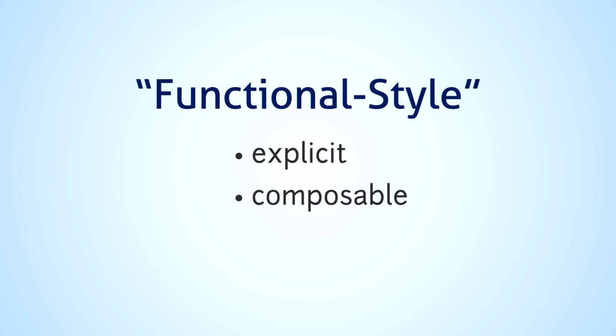Then the next step is that functional reactive programming is designed to be very composable. We want to be able to write our reactive systems out of small reusable parts, and we want to be able to build up a larger system out of these small parts. And then finally, functional reactive programming needs to be declarative.